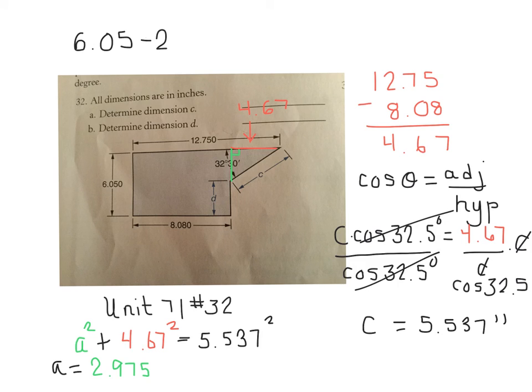So I can just subtract the 2.975 from the total distance to determine the length of D. And I find that D must be equal to 3.075 inches. I now see that I made an arithmetic error on my answer key, so I caught it here in the video though.